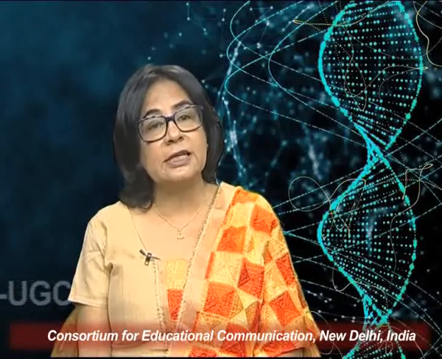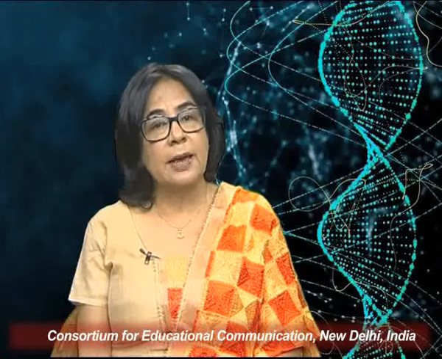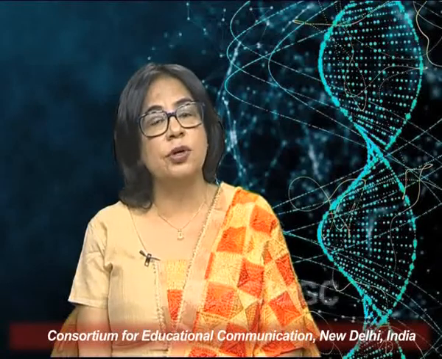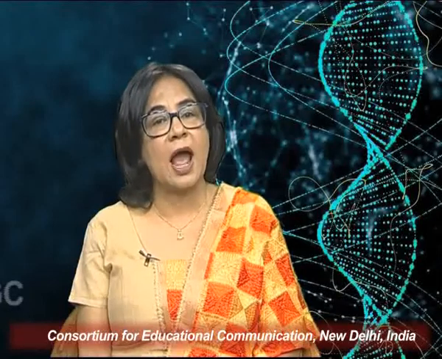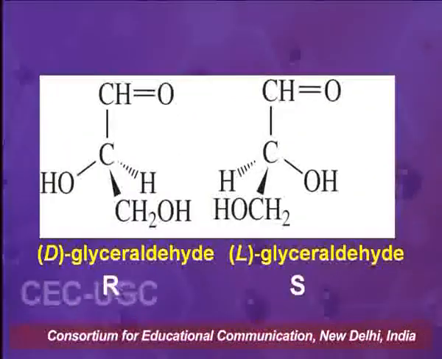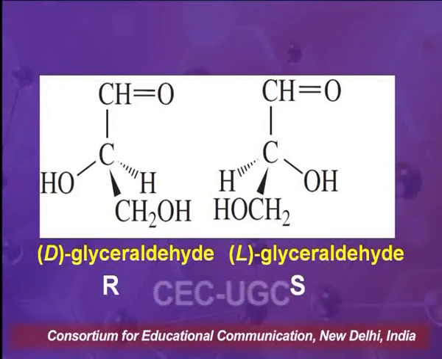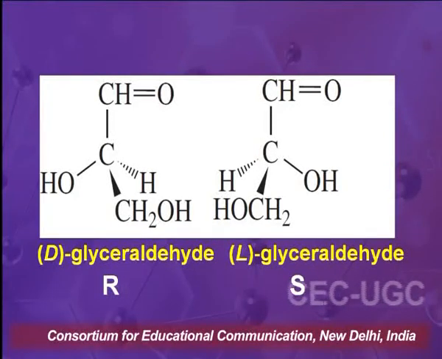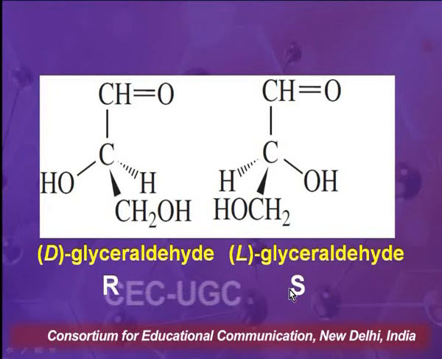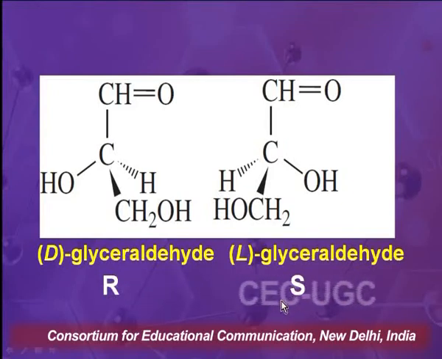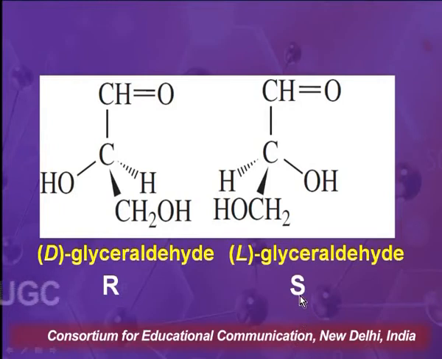Capital D or R: capital D refers to relative configuration, capital R refers to absolute configuration, small d refers to dextrorotatory. Capital L refers to relative configuration, capital S refers to absolute configuration, and small l refers to the molecule being levorotatory.